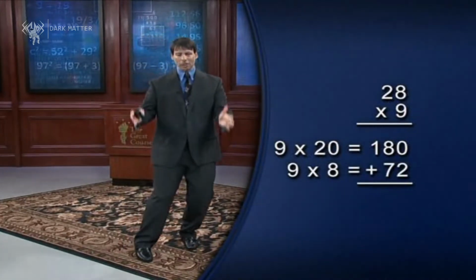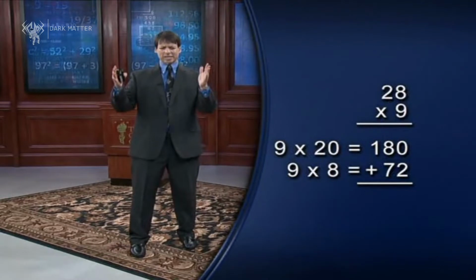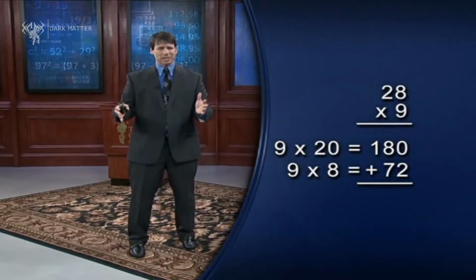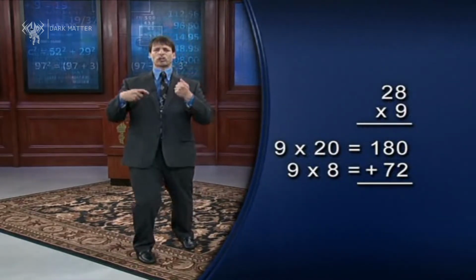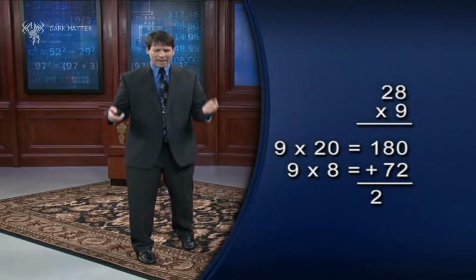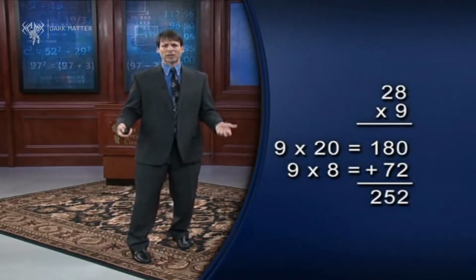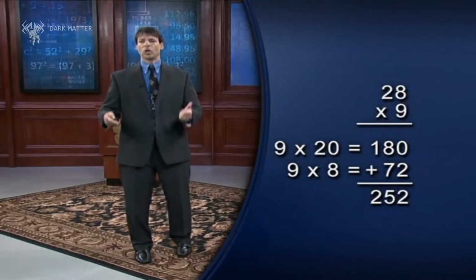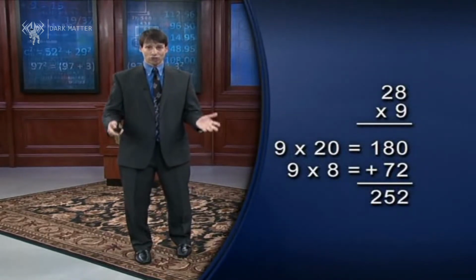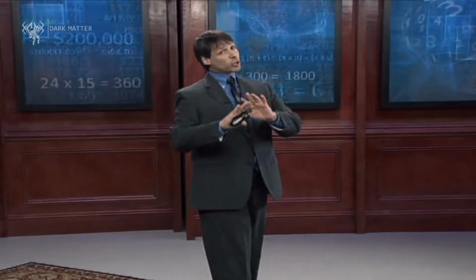Now the hard part, 180 plus 72. I know that's going to carry, so I'll start to say 200, then adding 80 plus 72, that's 152. So there's the rest of the answer, 52. 252.